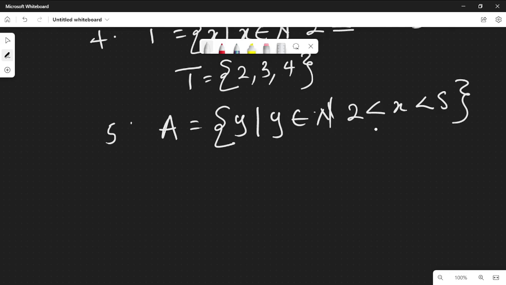So what this simply means is that A is a set of Y such that Y belongs to the set of natural numbers, and sorry, this is supposed to be Y, my error. So Y now is a set of numbers between 2 and 5, and 2 and 5 are not inclusive. So A is equal to the set of 3 and 4. So do you understand this now?